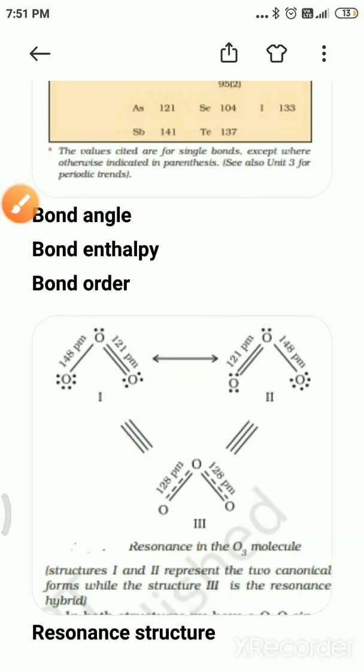For the second example, we will take carbon dioxide. Explain the carbon dioxide molecule structure. Experimentally, the determined carbon to oxygen bond length in CO2 is 115 picometer.